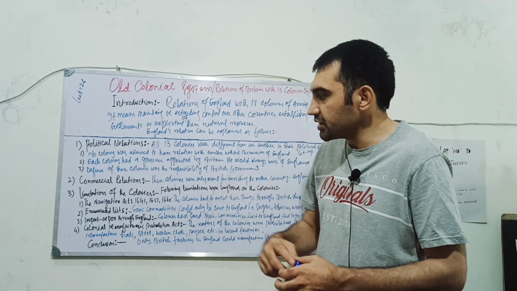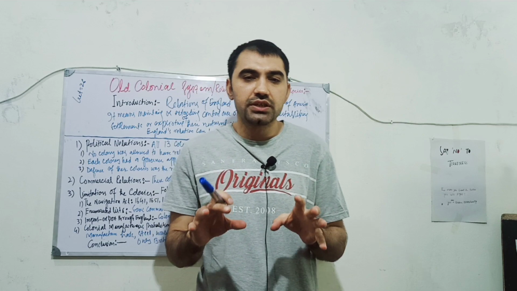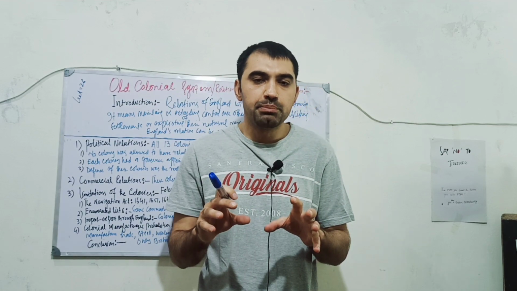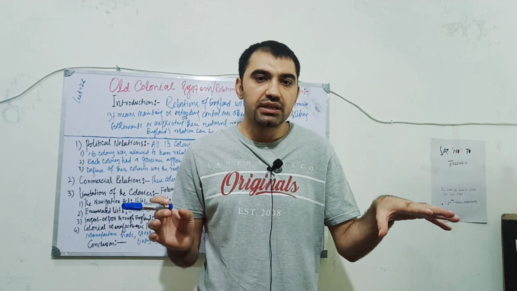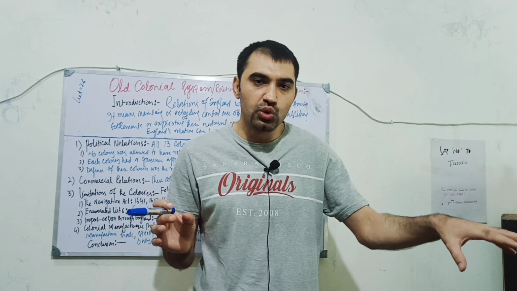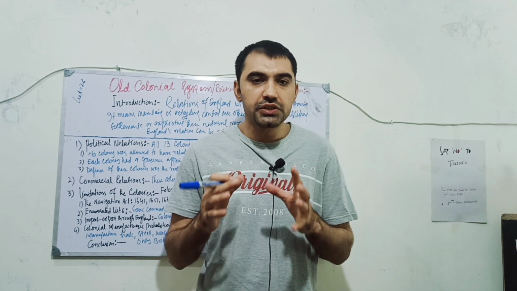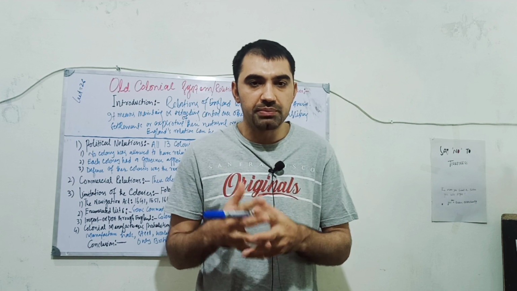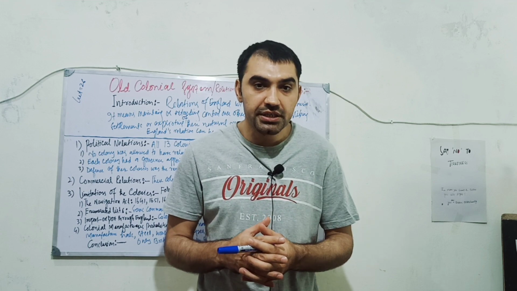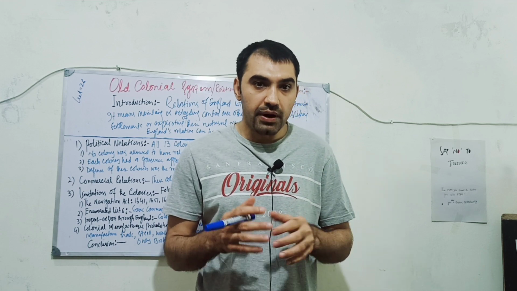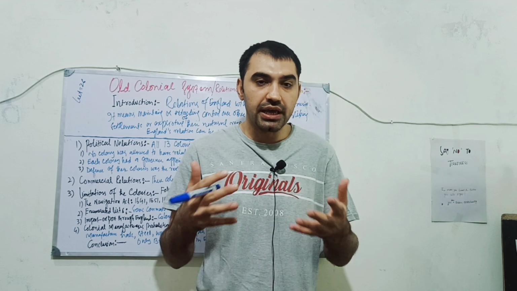The second important relation is the commercial relation. The commercial relation was purely based on enriching the mother country while exploiting the periphery, the colonies they had occupied. As we talked about at the start of this lecture, they had only one sole purpose: to exploit the colonies for enriching the mother country, England.